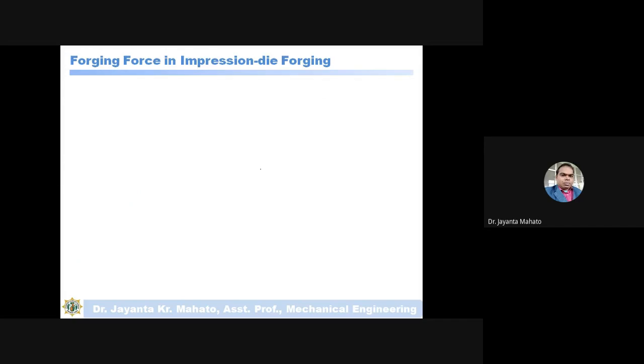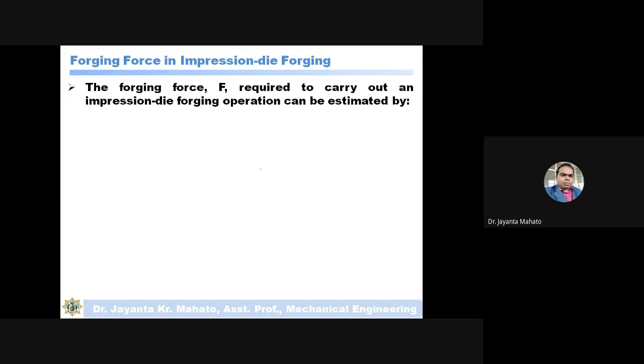So in the case of the impression die forging process, the force required to forge the material is nothing but K into YF into A. So this is the simple formula. But here K is not the strength coefficient that I have told you before.